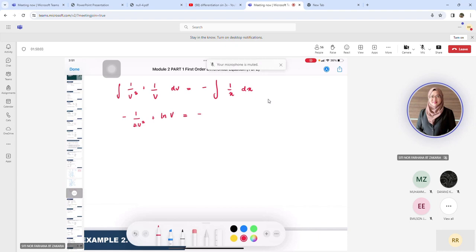So another side, integrate 1 over x is equals to ln x. And then constant. Okay. So rearrange it back. You akan dapat ln v plus ln x equals to k over 2v power of 2. Sorry.